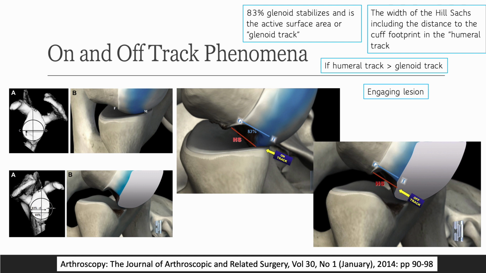But when somebody has a Hill-Sachs lesion, that portion of the humeral head that is flattened is not available for articulation. And that transverse portion in the axial plane is called the humeral track, or the distance of the humerus that's not available. Now, if the humeral track exceeds the glenoid track, then that person has a higher likelihood of going into engagement.